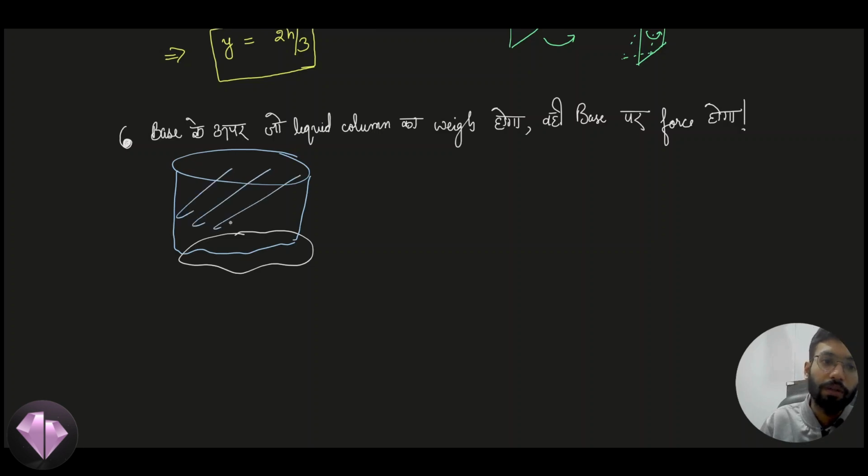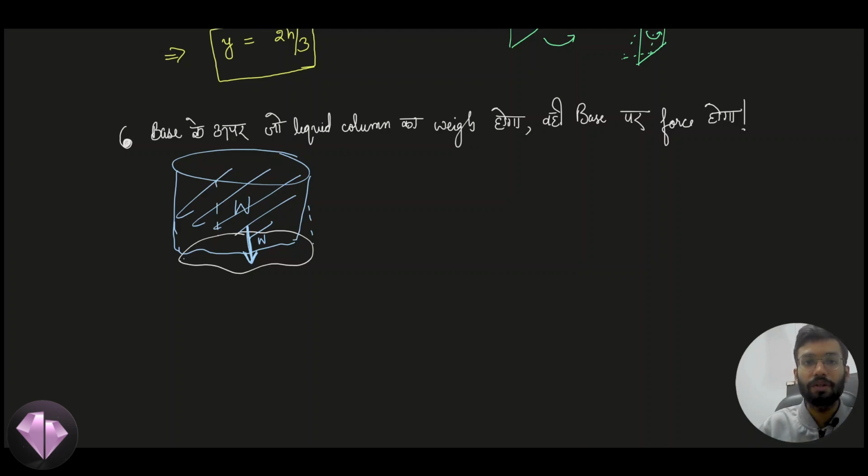Whatever the weight W of this liquid column is, that entire weight gets transferred on my base as force. So the force on the base is equal to the weight of the liquid column which is above the base.